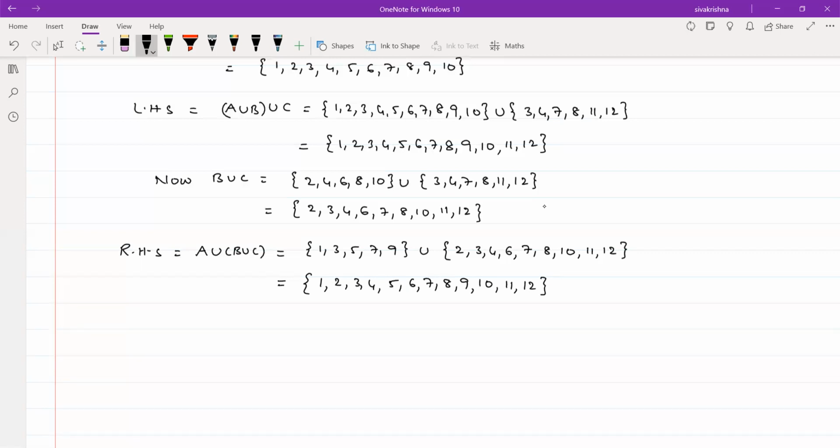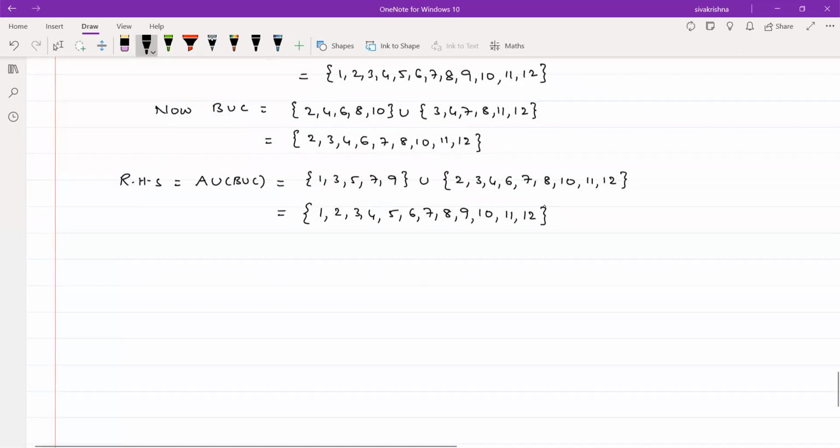We have already found LHS. If we observe those two answers, the LHS answer is the same as the RHS answer. In the LHS answer we have elements from 1 to 12, and in the RHS answer also we have elements from 1 to 12. Therefore, we say that LHS is equal to RHS.